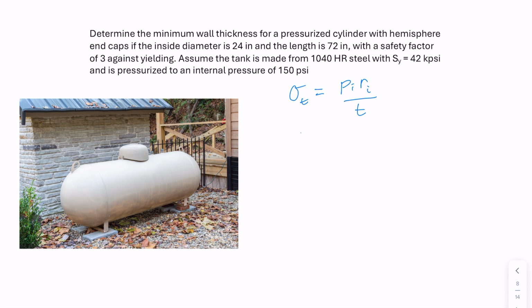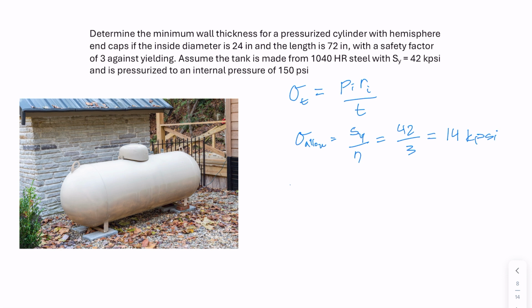If we're going to be able to solve for our thickness, we need to understand what our allowable stress is. In this case, our allowable stress is going to be our yield strength divided by the safety factor, which is 42 kpsi divided by 3, which ends up being 14 kpsi.